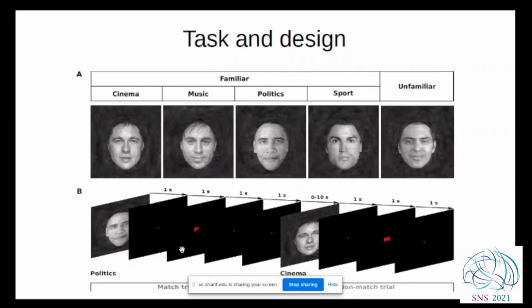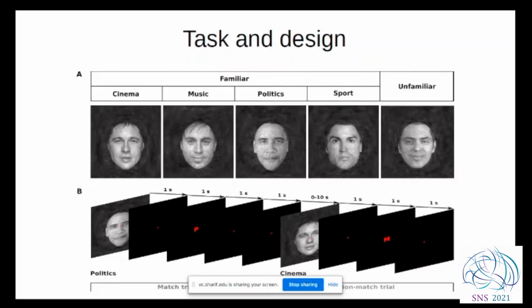So we presented all 40 face images in each functional run. So we had the sequence of these trials. And then we repeated this process and we collected 16 functional runs from each subject.